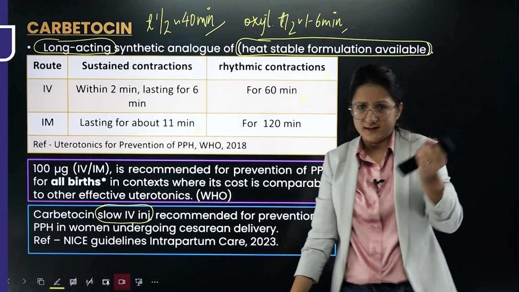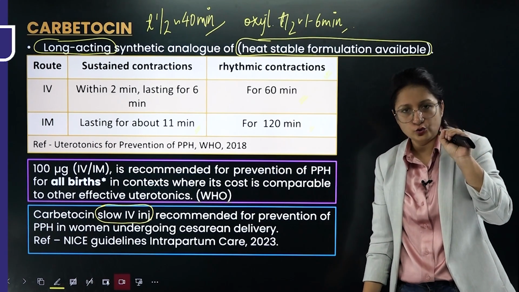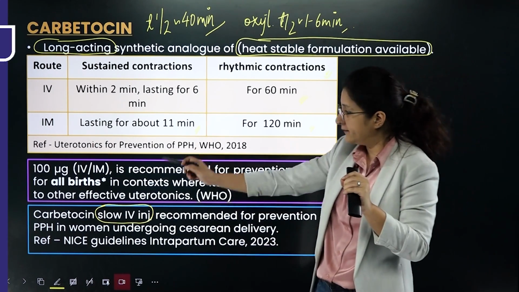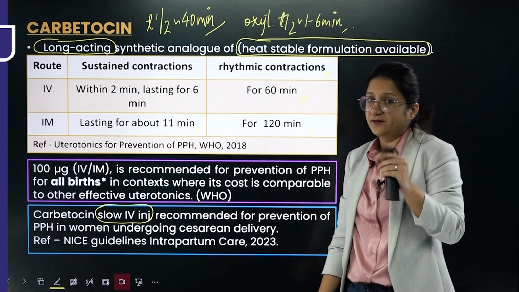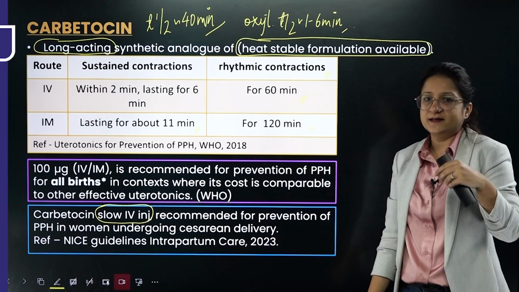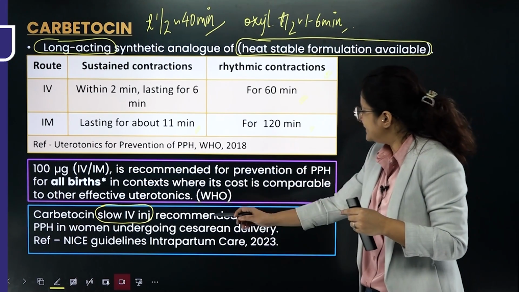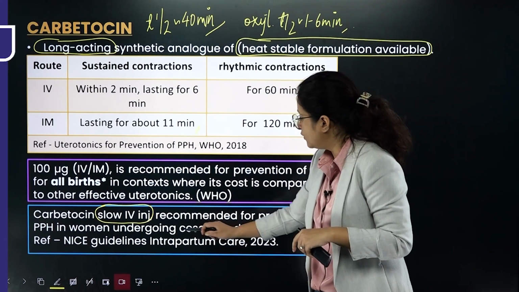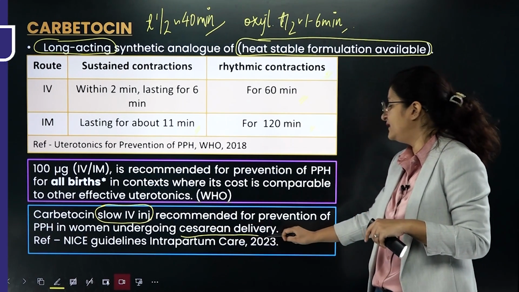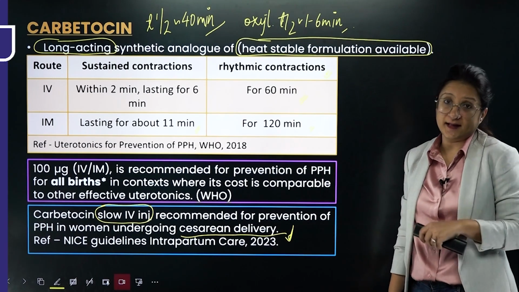So carbetocin is a vial containing 1 ml of solution, 1 ml of solution containing 100 microgram of carbetocin that can be given as a slow IV injection over, let's say, a couple of minutes, or it can be diluted and infused. So that is recommended for prevention of PPH in women undergoing cesarean delivery. That is what the NICE recommendations are saying, right?